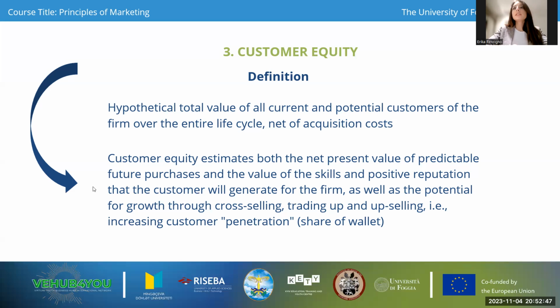So share of wallet is a practical measure of how well a company product or service is competing in the marketplace. It's also an indicator of brand loyalty, of the total size of the market, and of the potential sales growth. In fact, companies can increase their wallet share by selling complementary products and by taking steps to increase consumers' brand loyalty to the company.